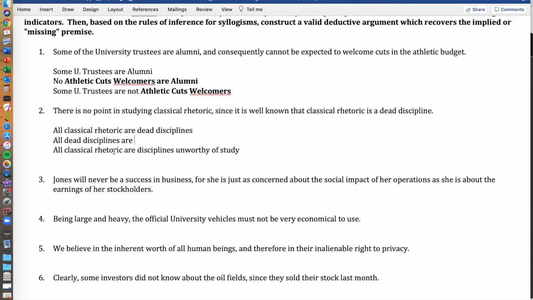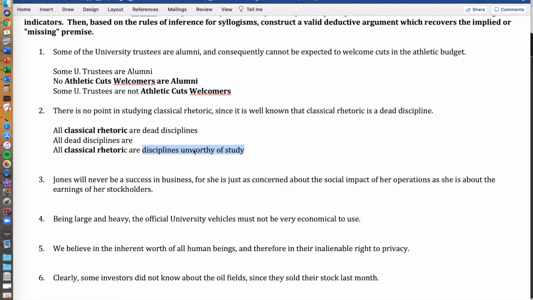Classical rhetoric already appears twice. In the conclusion, it is the subject of a universal, so it is distributed, and in the first premise, it's also subject of a universal, so it's distributed again, and that's fine. Then we look at disciplines unworthy of study. Now, disciplines unworthy of study is obviously also the missing term in the missing premise, since it only appears once.